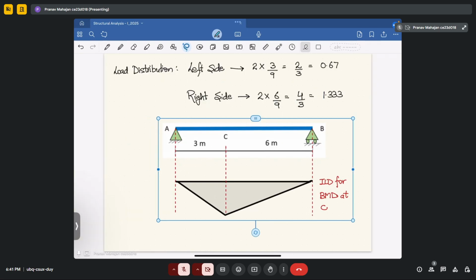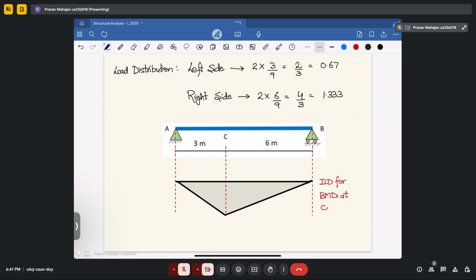Now you are expected to divide the load in such a manner that you will observe the 0.67 to be here. That means this length should be 0.67 and this length should be 1.33. In this region only the load should be distributed.